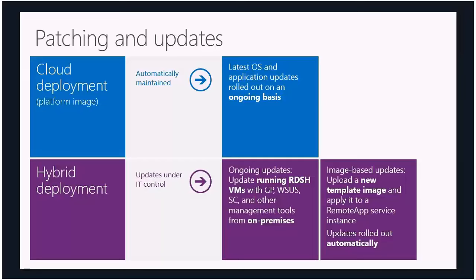And we have a documented way to do that. You would do your updates and then you would upload a new template. So yes, every month or so, however often you deploy patches, you would have to upload a new instance. But because we maintain user profile disks, you're not going to lose the data that the users generated, and it gives you the ability to manage your deployments there.